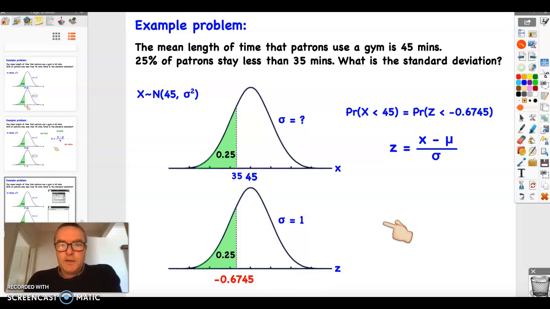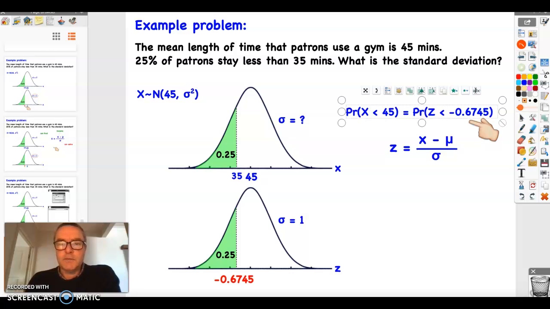So I've expressed that in an equation up here. The probability that X is less than 45 is equal to the probability that Z is less than negative 0.6745. In other words, actually I've made a mistake there, I'm just going to fix that up in real time.